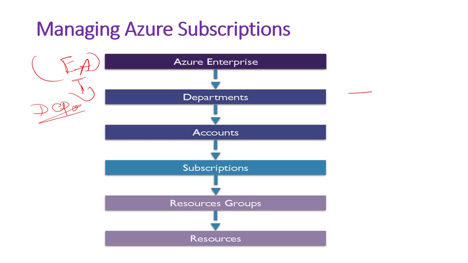The department is further broken down into accounts. The accounts are further broken down into subscriptions. Each department will have an account admin. The account admin will manage the subscription. The subscription is further broken down into resource groups and resources. We will see resource groups and resources at the end of the tutorial. So this is the hierarchy structure of how Azure EA, enterprise agreement, subscriptions will work.